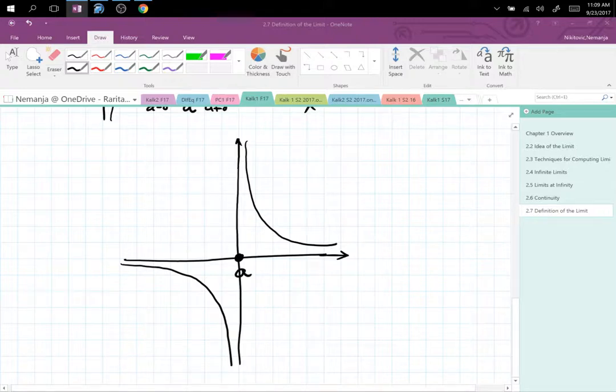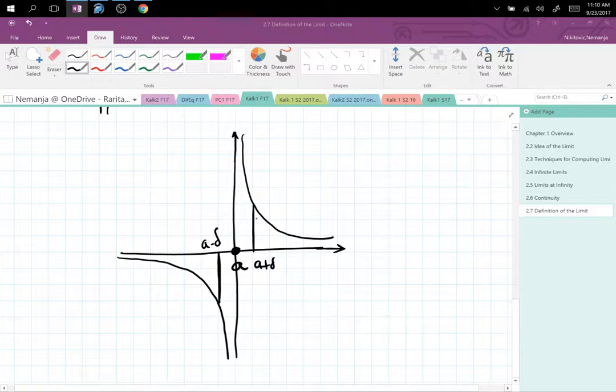That's going to be our a. I'm going to have a plus delta and a minus delta. Now, do you see how when we squeeze, you see that we get this, right? Do we all see that?